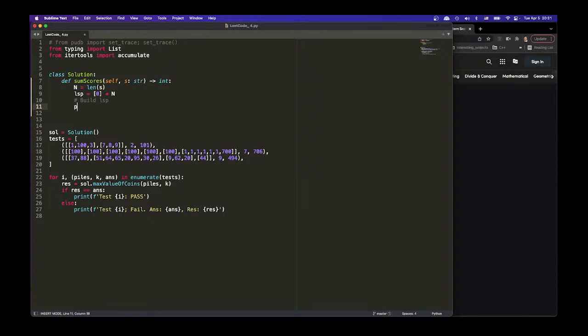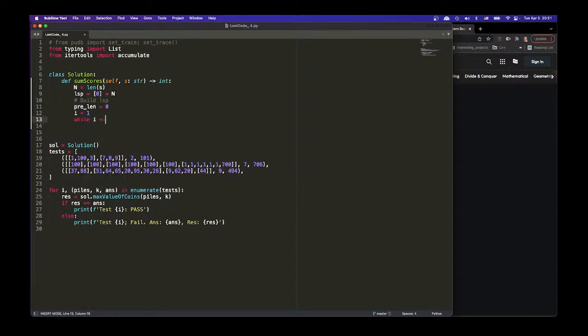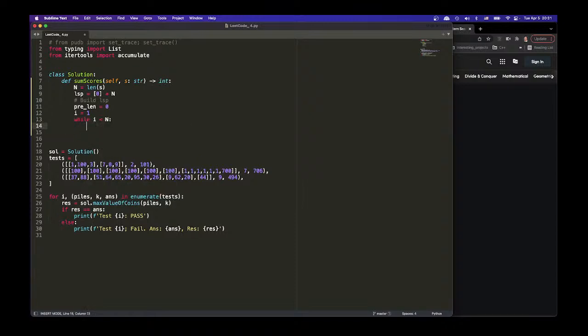We have the pre-len, okay, and i equals 1, while i is smaller than n. We simply check, right?